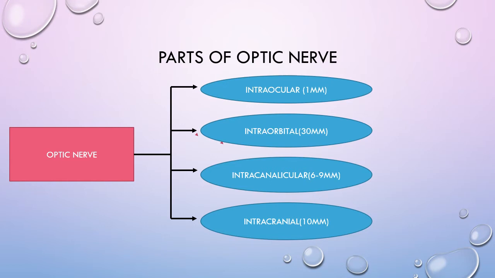Intracanalicular part leads to intracranial part, which is 10 millimeter. This particular part of the optic nerve occupies the intracranial portion. So totally it is around 5 centimeter, if you see intraocular, intraorbital, intracanalicular and intracranial parts of the optic nerve.